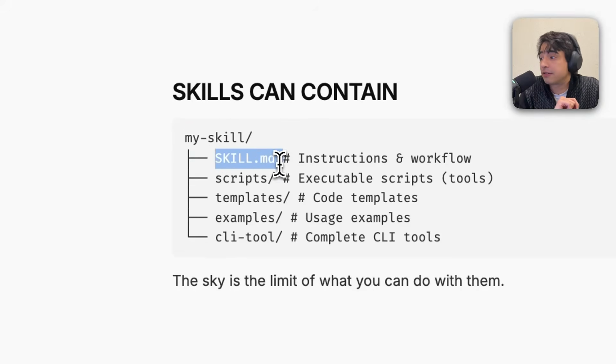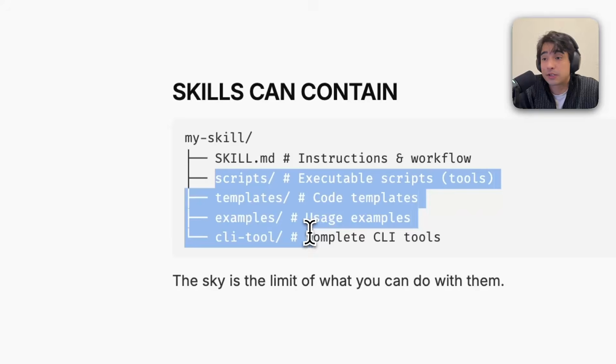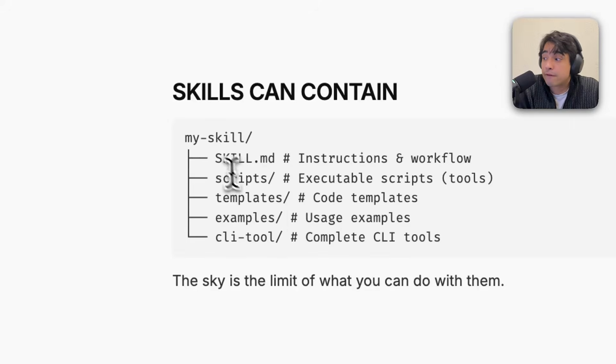And in it, you're going to have to add your skill.md file, which is going to be the entry point of your agent for that skill. And then all the additional resources that are going to be linked to from this skill.md. And your agent is going to figure out all the rest by using the skill creator skill.